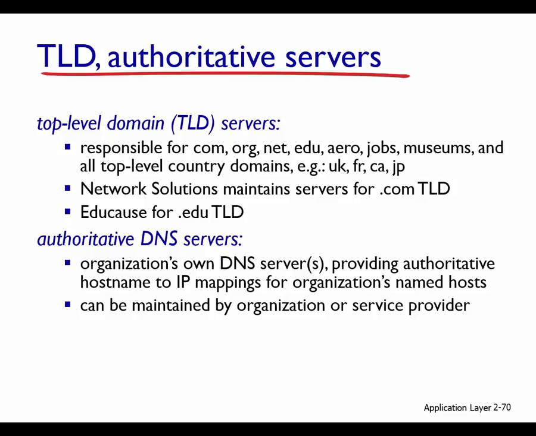Okay, below those top-level domain servers are the authoritative domain name servers. They are each organization's own DNS server providing authoritative host name to IP mappings for an organization's named hosts, and they are either maintained by the organization itself or by the service provider that the organization uses.